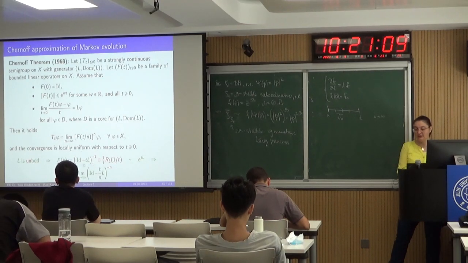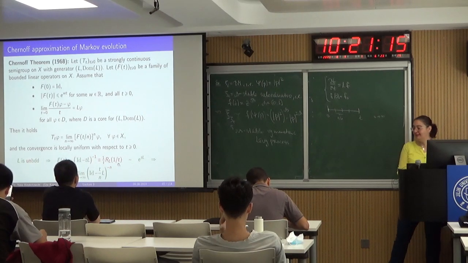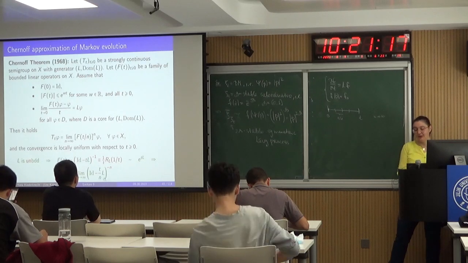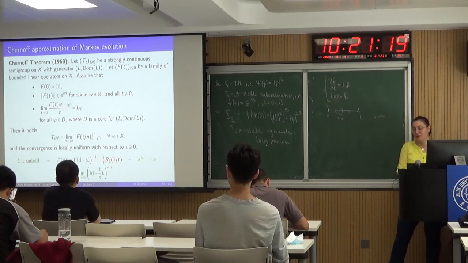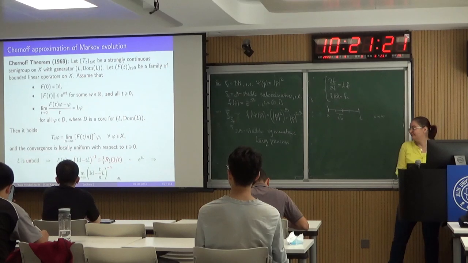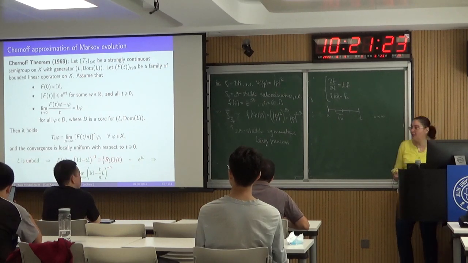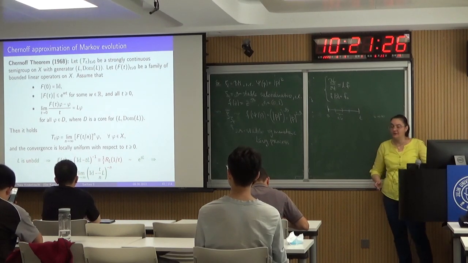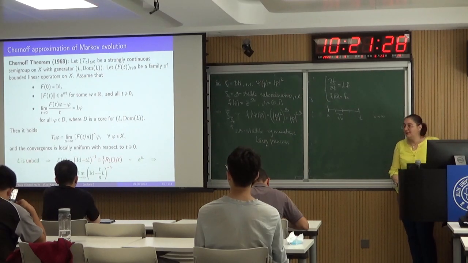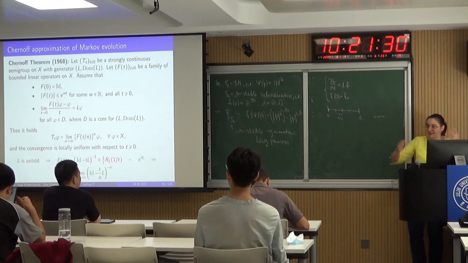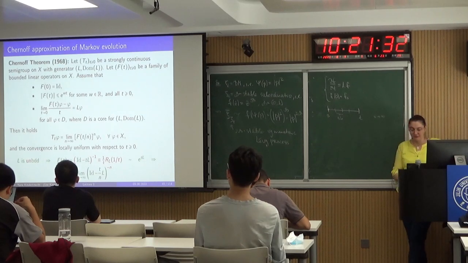This is the resolvent. So at least for small t, the resolvent is a bounded operator. And hence we have this formula, also known from analysis 1. But this is just one of the examples. There are many examples. This is just the simplest one.